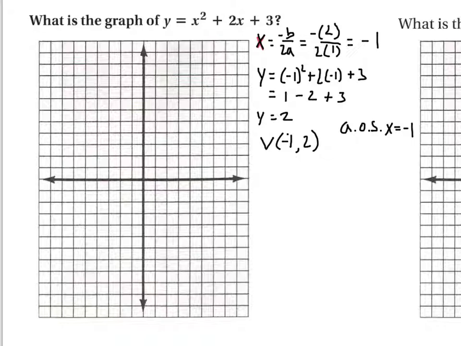A is positive, so this parabola opens up. And since this parabola opens up, our vertex is at the bottom of the trough, right? That gives us a minimum value. So our minimum is located at y equals 2. The minimum value of our equation is 2.